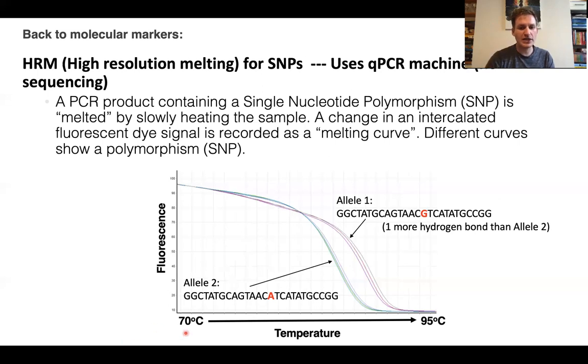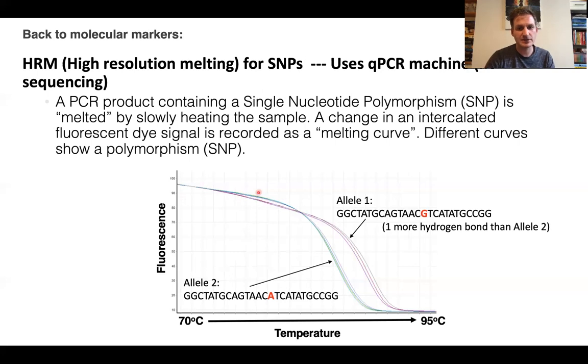So if we increase the temperature, from about 70 degrees to 95 degrees, we see what's called a melt curve. That means that if we add a dye to our PCR product and then slowly increase the temperature while constantly scanning that dye signal, we'll see that at these temperatures, the DNA double helix is still a double helix.